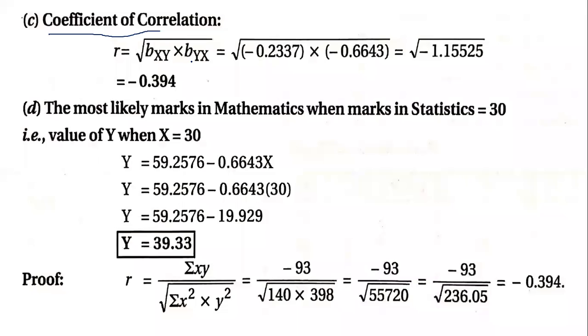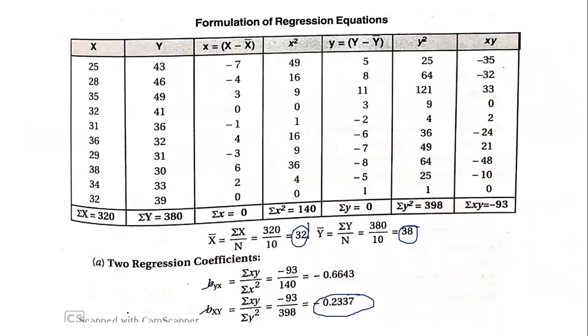Here we are supposed to check two conditions. The first condition is that both the numbers are less than 1. If you go back and check bxy and byx, both numbers are less than 1, right?